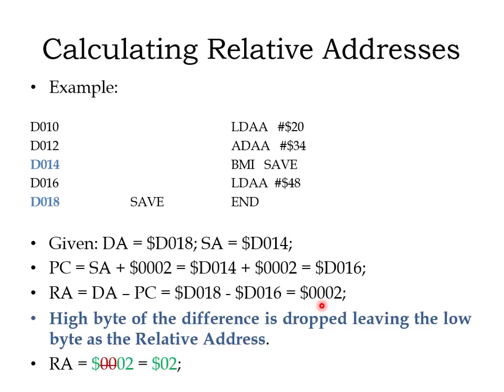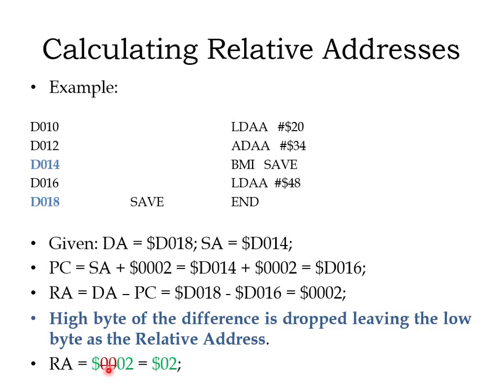The interesting thing is, whatever you get from the calculation will always be 2 byte, but you will always be dropping the higher byte. The higher byte of the difference is dropped always, leaving the low byte as the relative address.